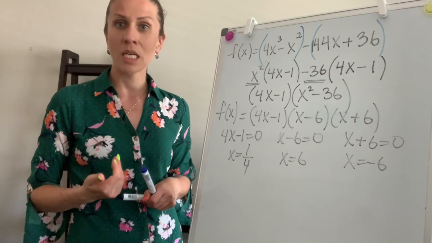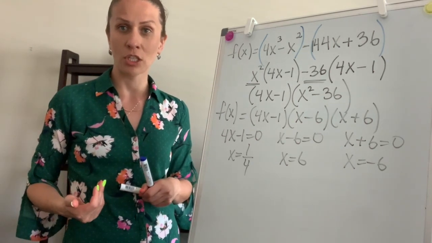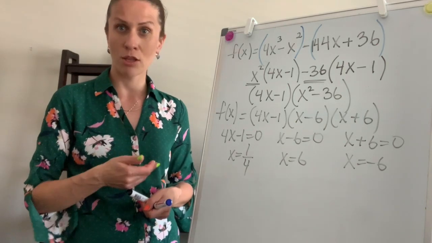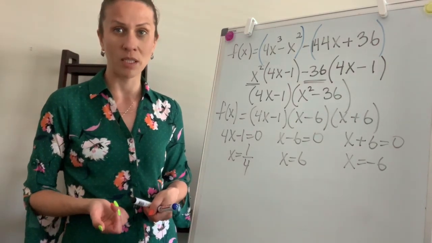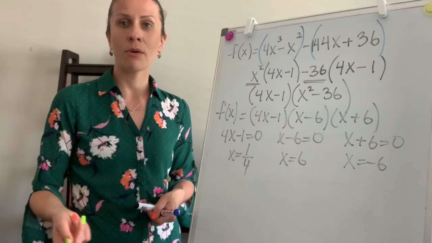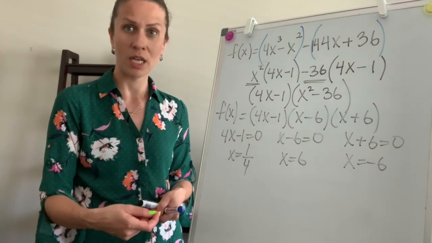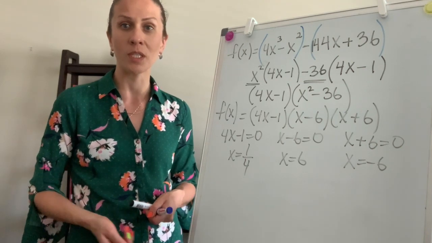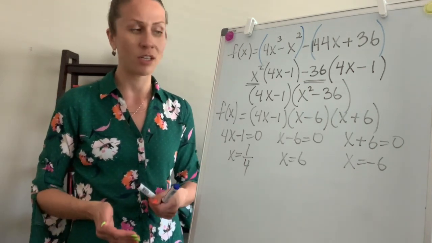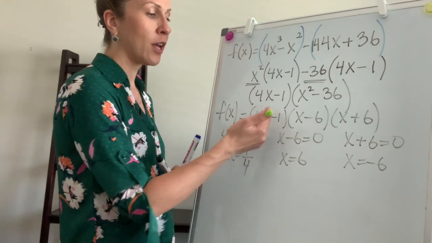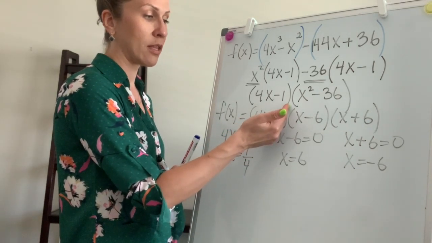What it means is the graph of this function will either cross or touch the x-axis at those points, depending on their multiplicity. The multiplicity of a zero is how many times the factor that produced that zero appears in our function. In other words, the degree of that factor. So we have 4x minus 1, that's our first factor, and the degree of it is 1.